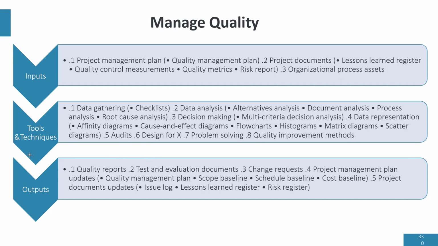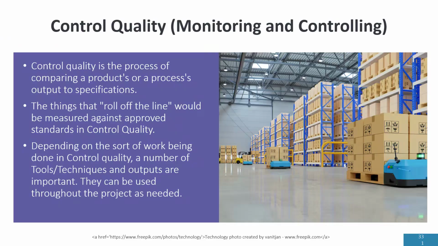So let's continue and talk about the last process, which is control quality. So what is control quality? This is the process of comparing a product's or a process output to specifications.